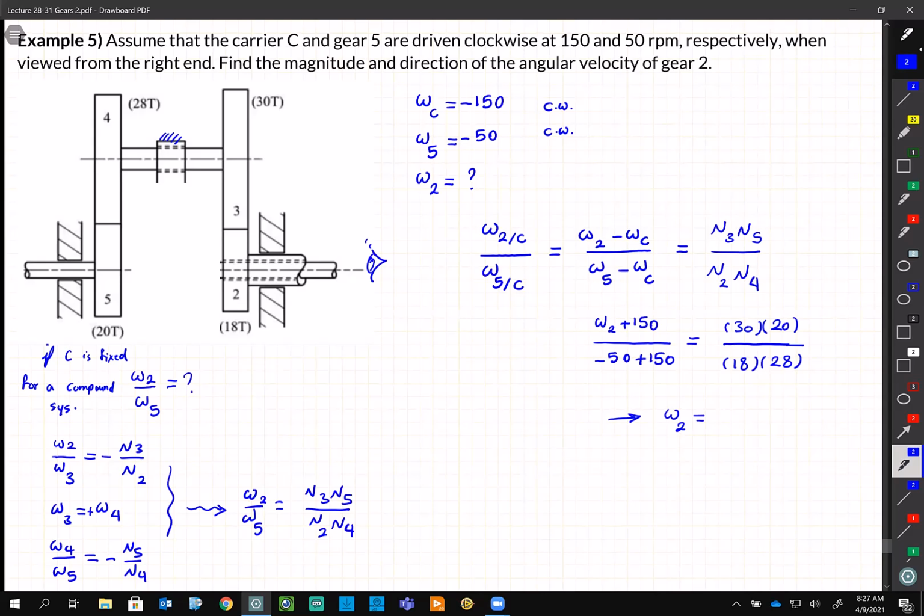And then multiplying everything by 100, and then minus 150 gives me minus 31 RPM, or 30 almost. It's okay to round the numbers that you get at the end by plus minus 1.